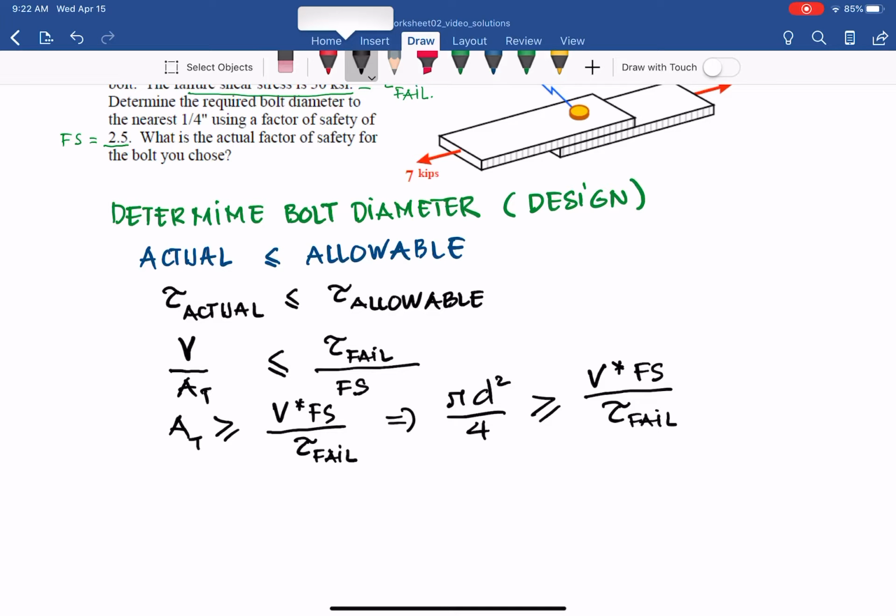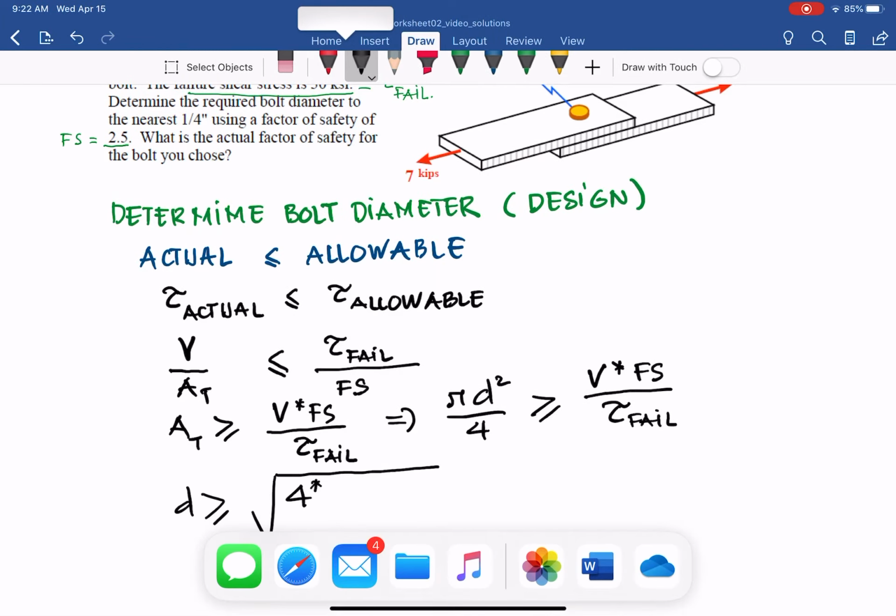From that we have d greater than or equal to the square root of 4 times V, the shear force.